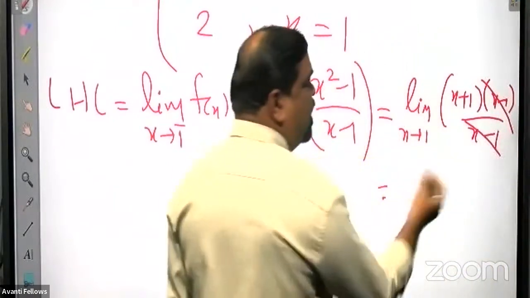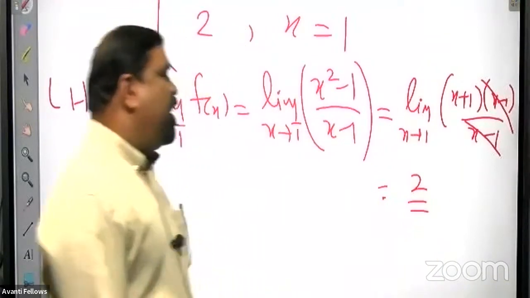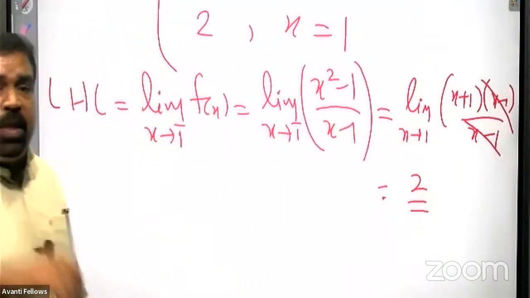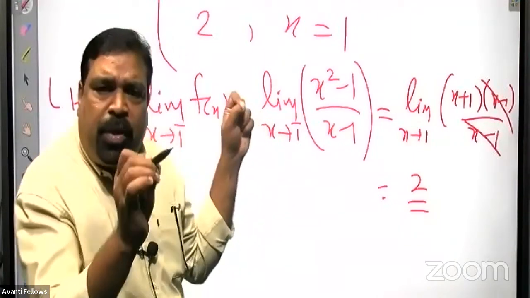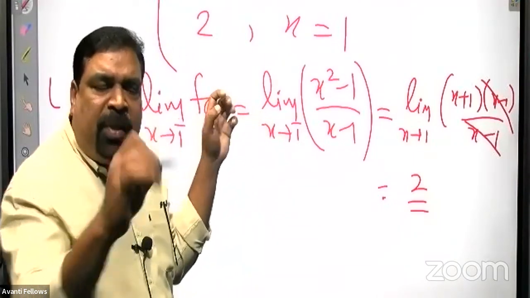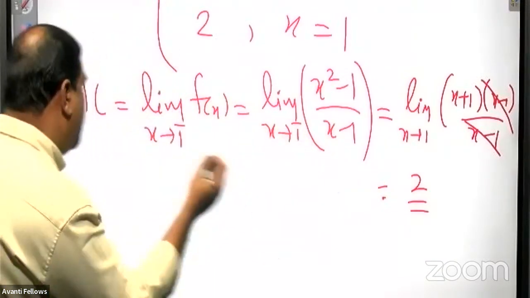So what is remaining is x plus 1. You put x equal to 1. So you will get the left-hand limit, which is equal to what we have observed in the graph. Just to the left side of 1, the function is approaching 2, and from the right side of 1, also the function is approaching 2. So the left-hand limit is 2.